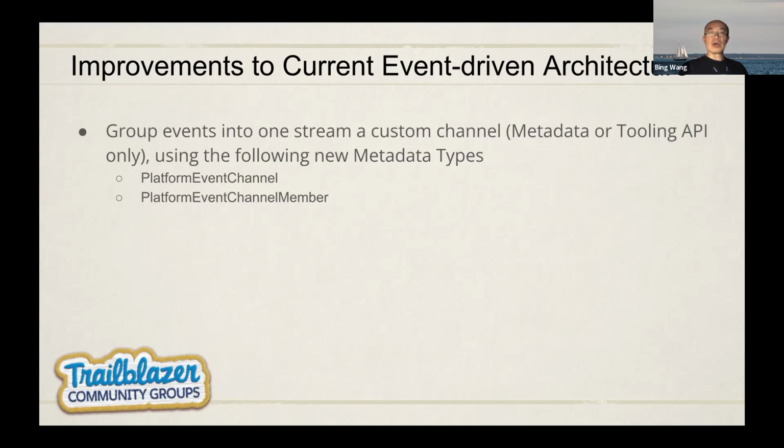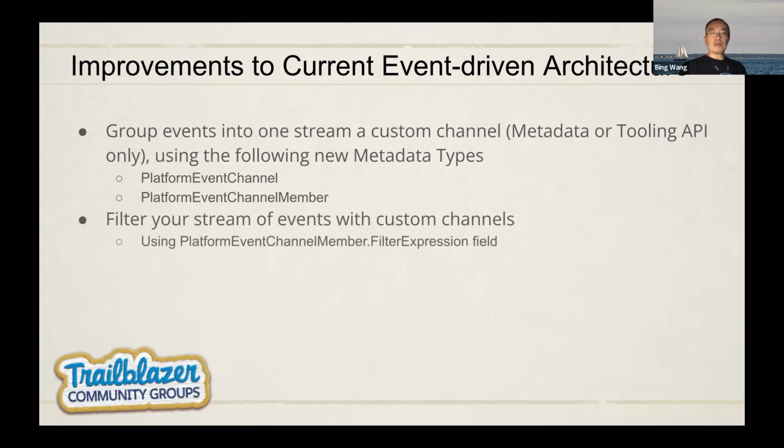So now you actually have some filtering capabilities through these new metadata types. You can group all of them into a single channel and filter them, which is the second part of the change. Then your channel for these events is much more efficient, both in the sense that you can control how much you need to process, as well as how much quota you're using for the day. And the filter is really just defined in that channel member filter expression field.